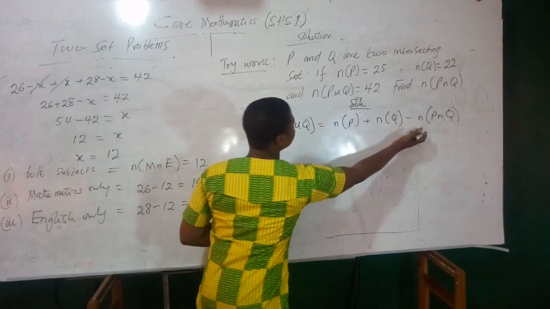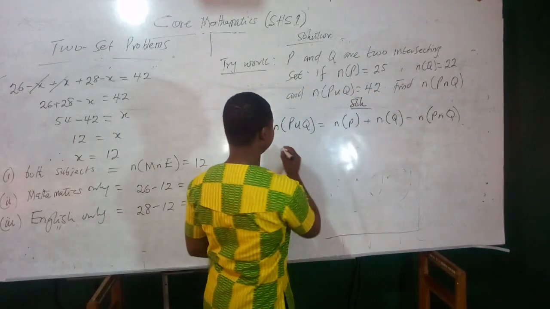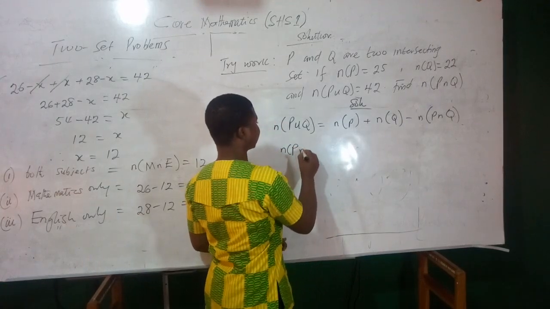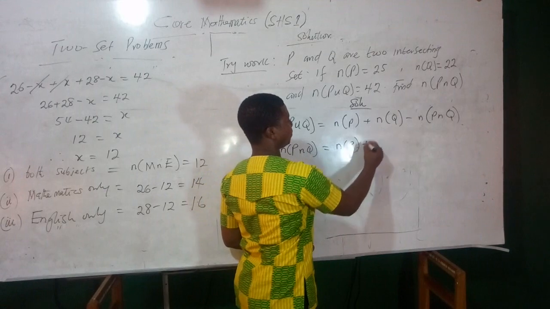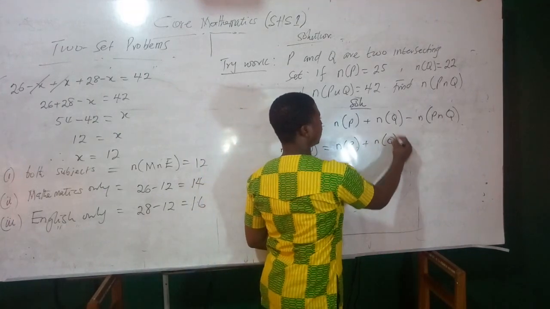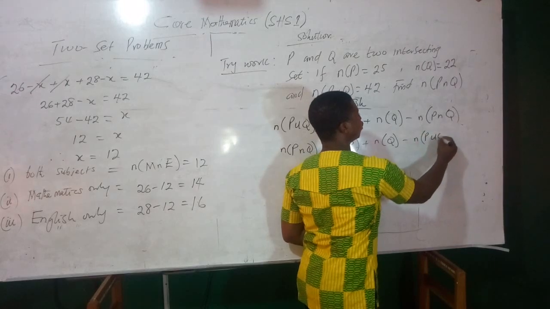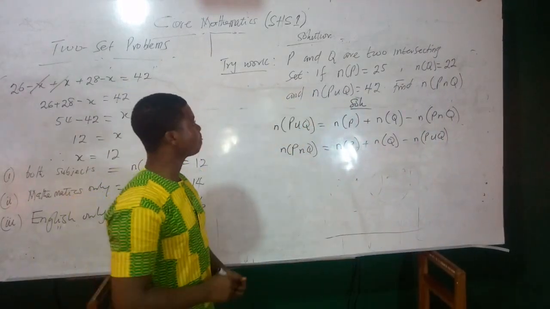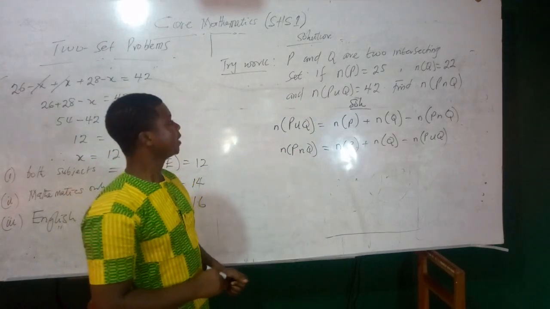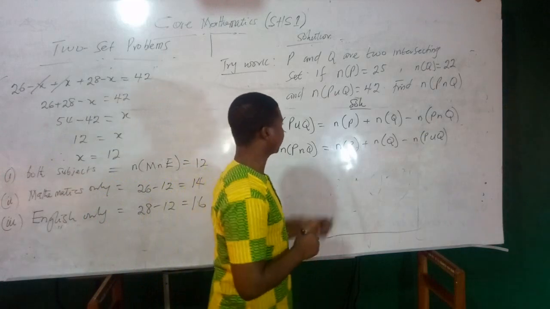So we have this one will come here to be positive, then this one will also go there to be negative. So n of P intersection Q becomes n of P plus n of Q minus n of P union Q. Now the information has been provided on the board, so it's just a matter of substituting the information given.